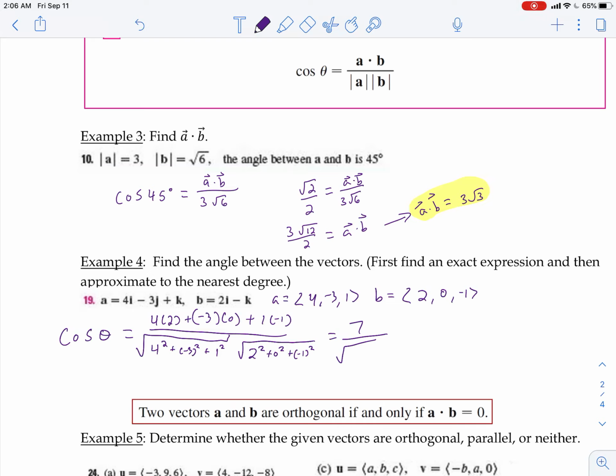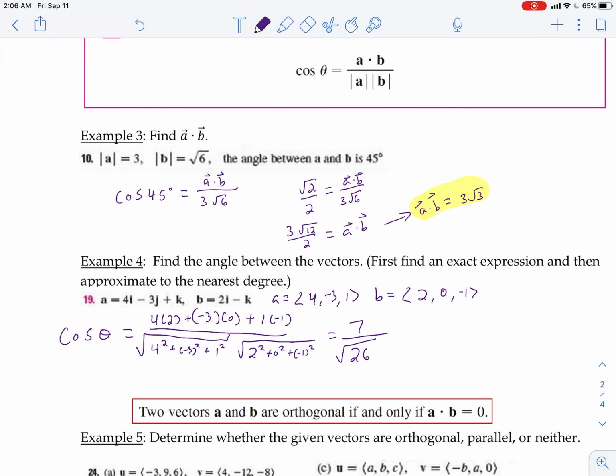So 16 plus 9 plus 1 is going to be 26. And then we have 2 squared is 4, 0 squared is 0, -1 squared is 1, so it's 5. And we're going to get 7 over the square root of 5 times 26, which is 130.